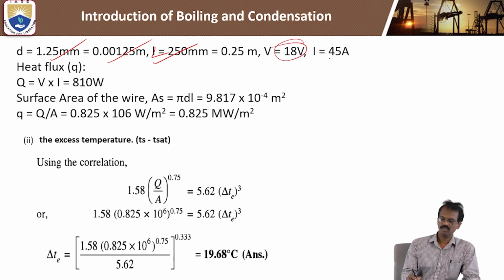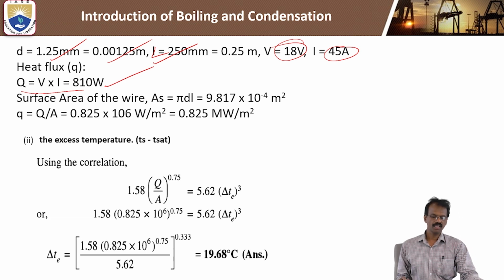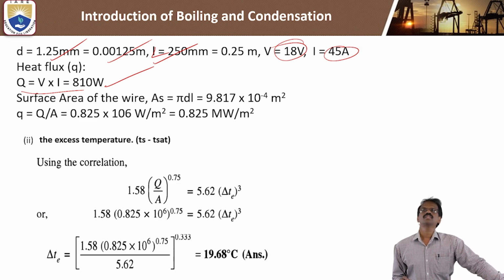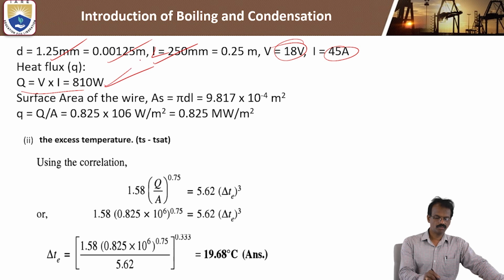Voltage is equal to 18, current is 45 amperes. So we can find the heat flux. First of all, we have to find the Q value. Q is equal to V into I, voltage into current, so that is 18 into 45, 810 watts.